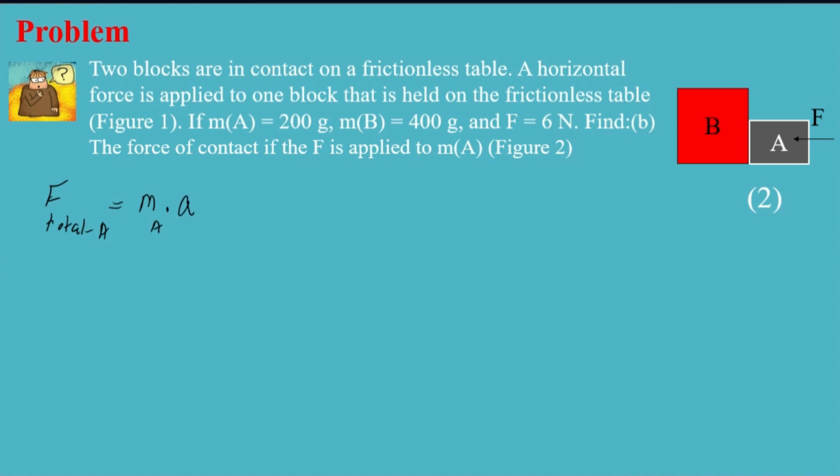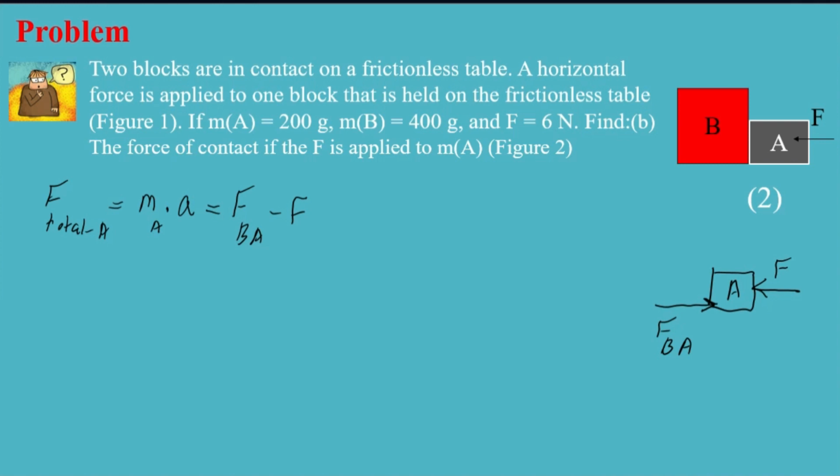And the free body diagram for A at this point is going to have F in this direction, and also there is another force from B to A. I explained in the previous video that the direction of FBA is on the opposite side of F, because object B is trying to stop A from moving. So it's like a barrier here. That's why the force is in the negative direction. So then that's going to be equal to FBA minus F.